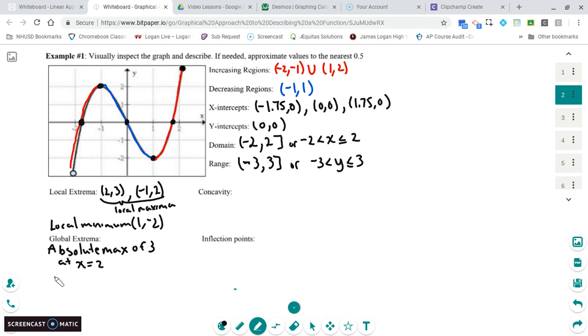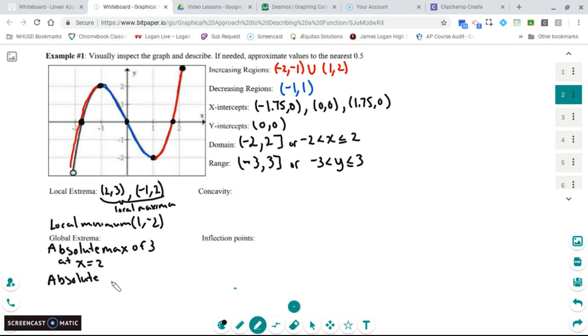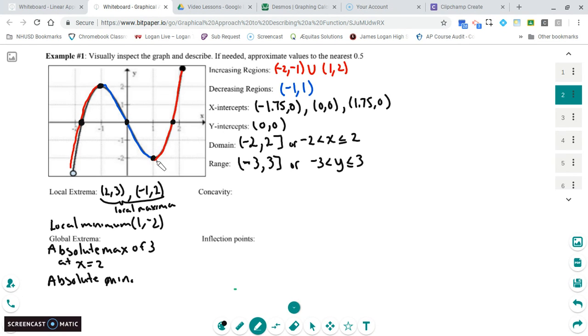Okay, and how about absolute minimum? The absolute lowest point of this graph. Absolute min. Well, I do have 2 low points, but this one certainly isn't the lowest. There is this section right here, which is lower. However, there's no absolute minimum because these points right here, as you take the limit as the y's are approaching this, they never seem to quite reach this point.